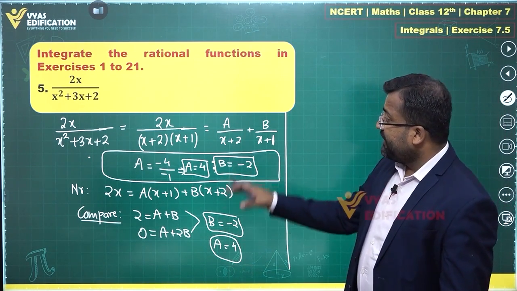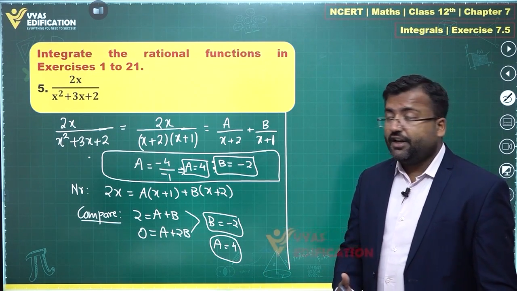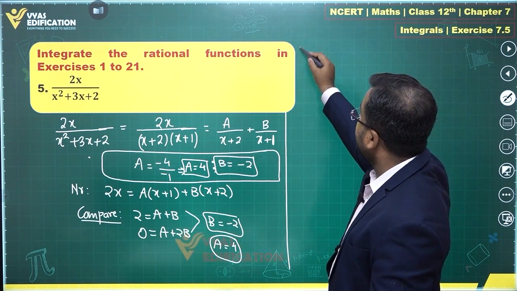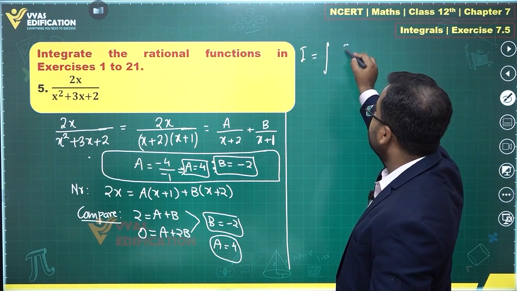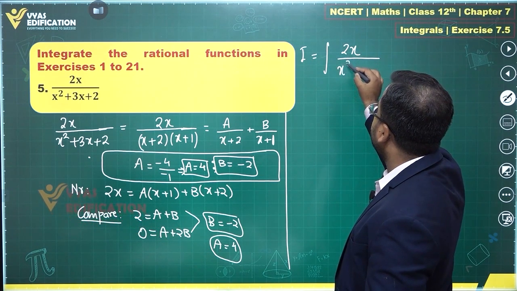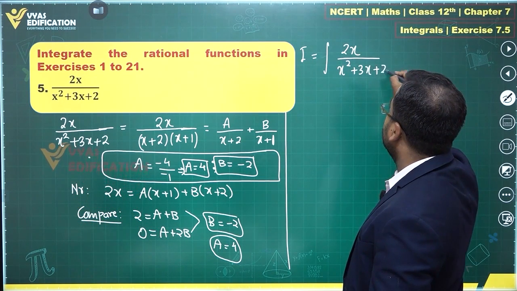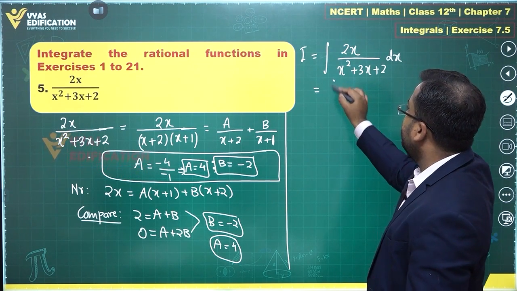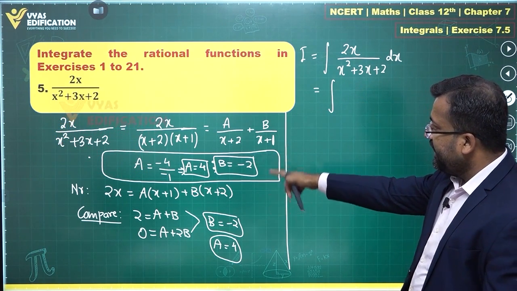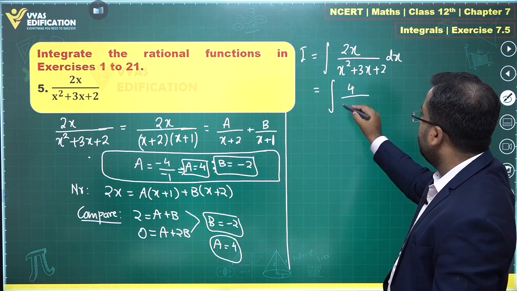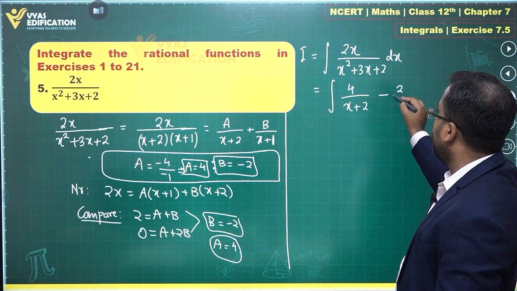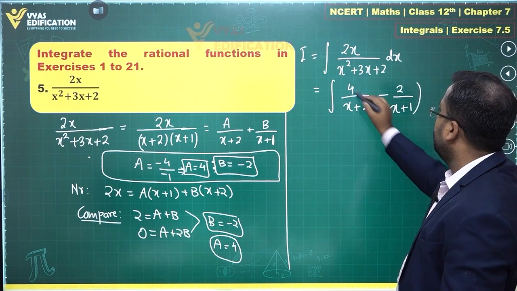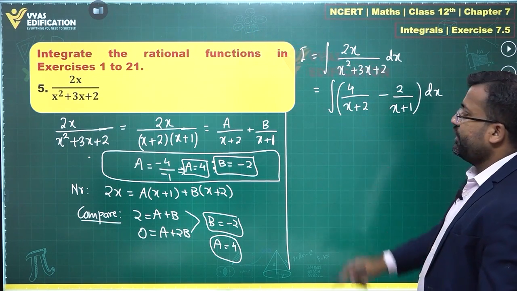After this, yes, we have converted into partial fractions. Next we can talk about integration, which is integral of 2x upon x square plus 3x plus 2 dx, written as integral of a upon x plus 2, which is 4 upon x plus 2 minus 2 upon x plus 1 dx. This is what you get.